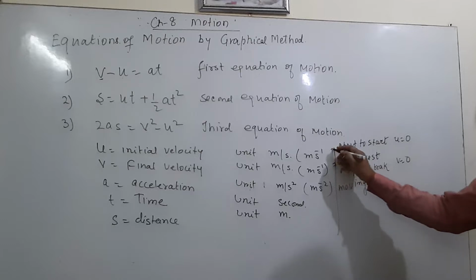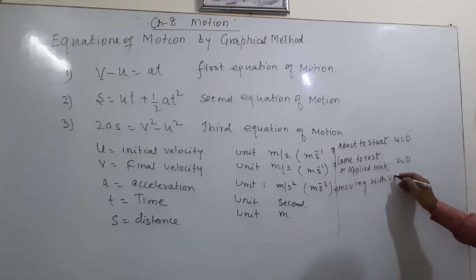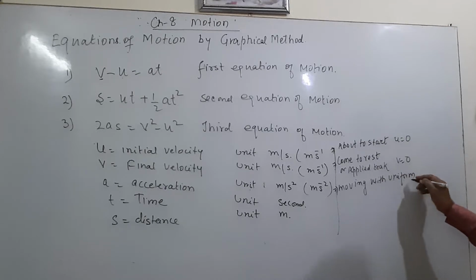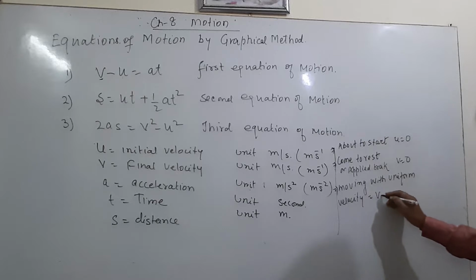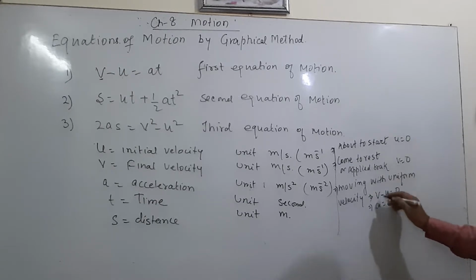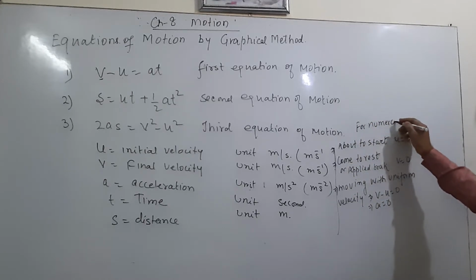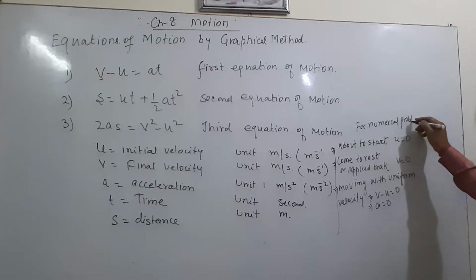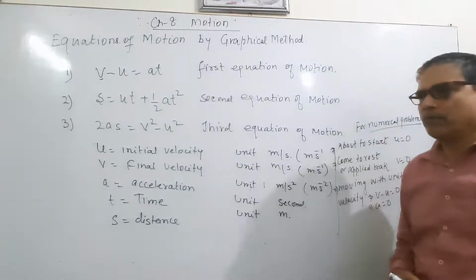Third point, moving with uniform velocity means v minus u equal to 0, or a equal to 0. When we solve numerical problems, we have to keep these points in mind.